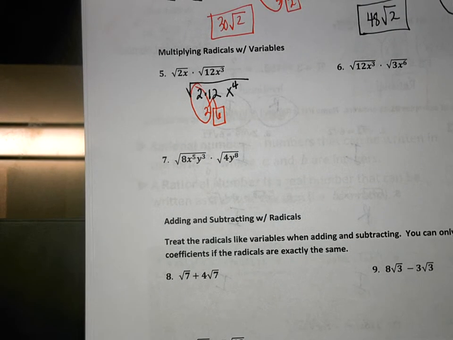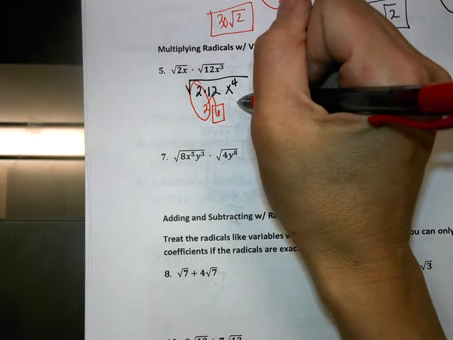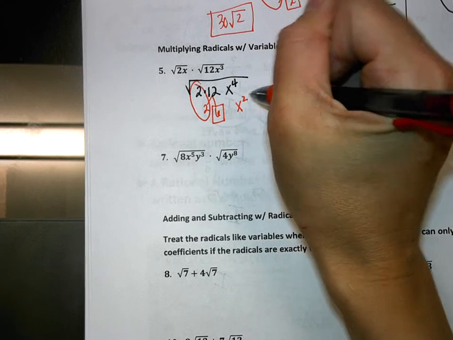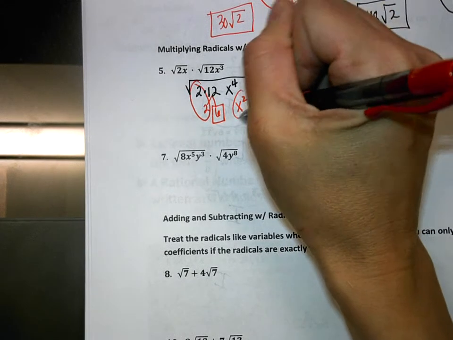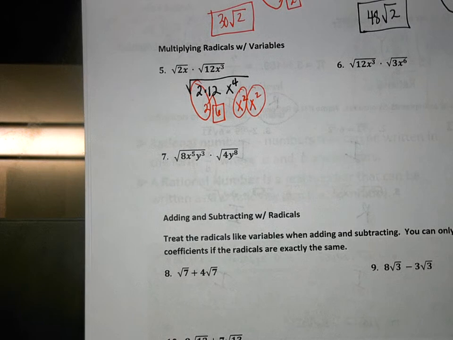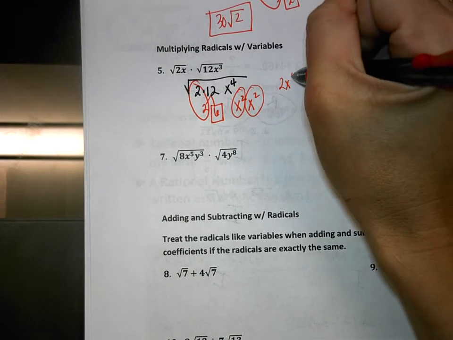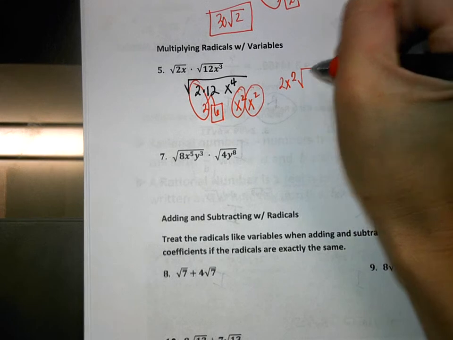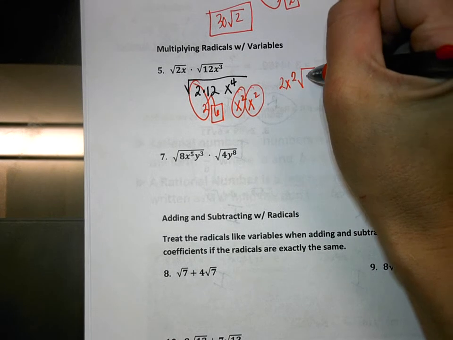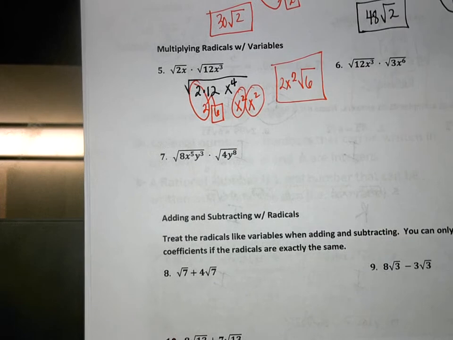How many do I need for a group? 2, right? And so how would I end up writing this? Good. X squared. And there's nothing left over with the x's. So how do I end up writing this answer? 2x squared root 6. Perfect. Very nicely done. 2x squared root 6 is correct and it is irrational.